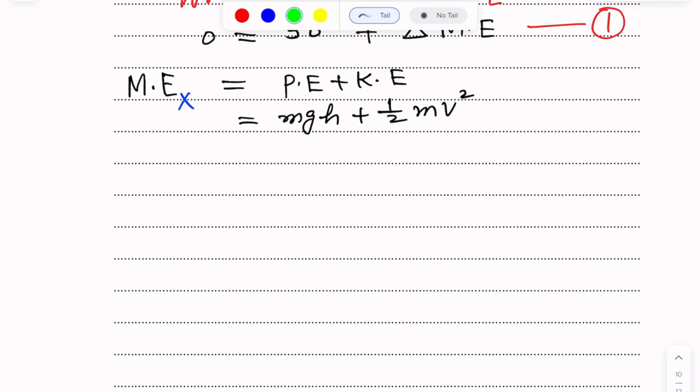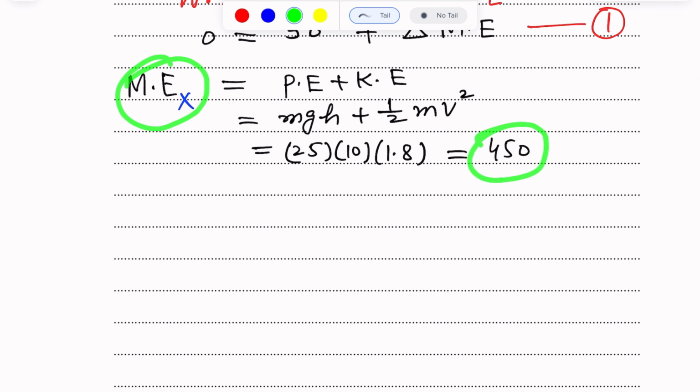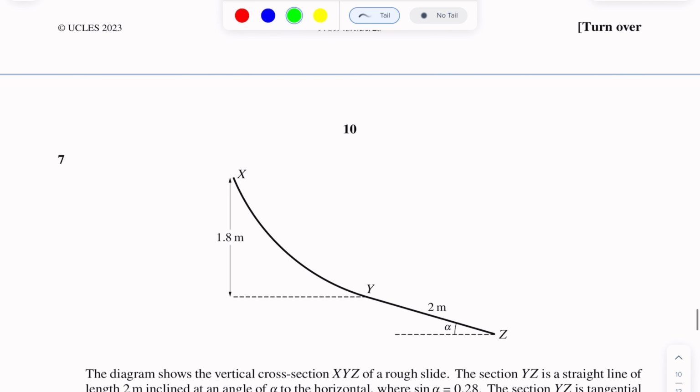So mgh, m is 25, g is 10, h is 1.8, so we get 450 joules. Mechanical energy at X is 450 joules.